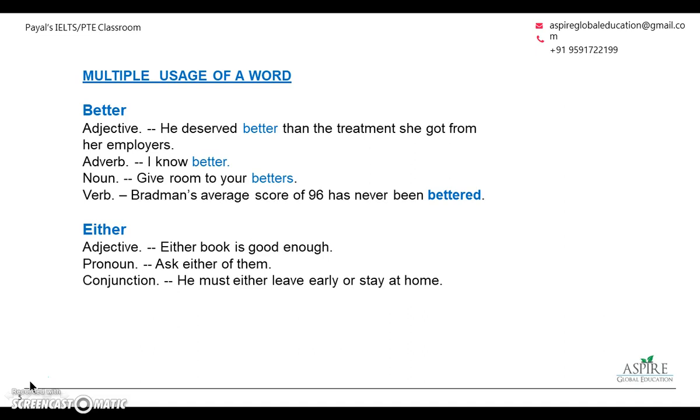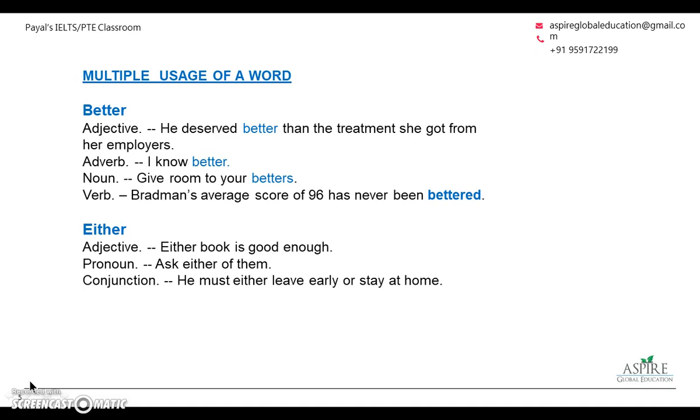Either. Either book is good enough. So we actually know either and or as conjunctions. But here, either book, it is coming with the noun. It is describing the noun, a choice to be made between two things. Otherwise, how is either used? Either you leave early or stay at home.